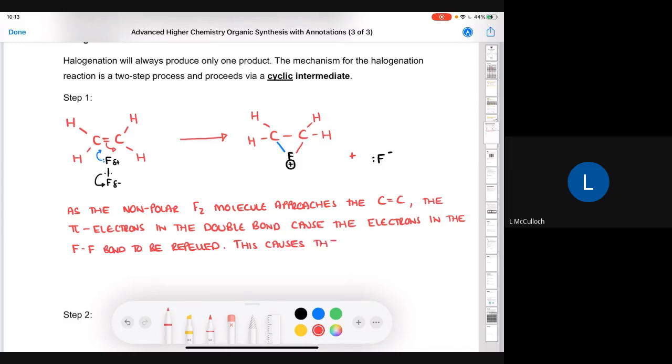This causes the F2 molecule to be polarized, creating a delta positive charge that the C2H4 nucleophile can attack.